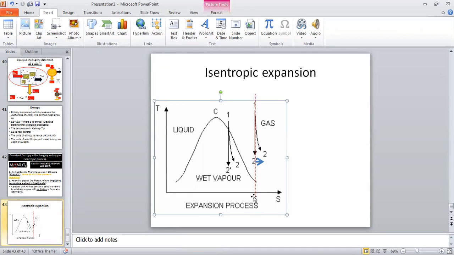Yes, you can see. So your entropy after the expansion shifts. Okay, after the expansion, entropy shifts.